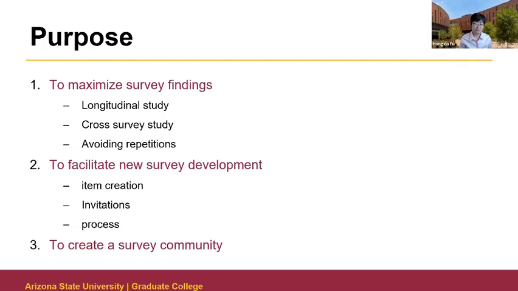For us, the purpose here is we keep the record for each survey, like when we send out the first invitation, when we send out the second one, and how the response rate changes. As time goes on, when we do similar surveys or have a similar population, we can refer to these tables to see what's going on there. Is there any common feature we could make use of, or something we need to improve? So, just facilitate new survey development.